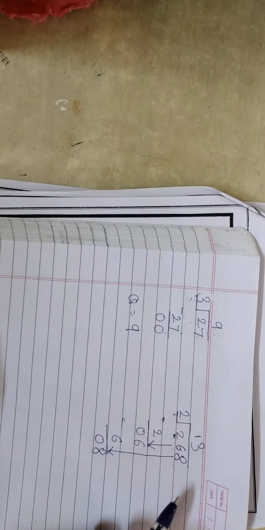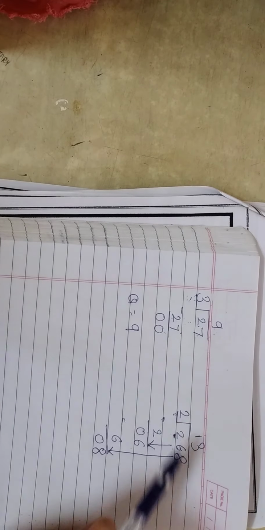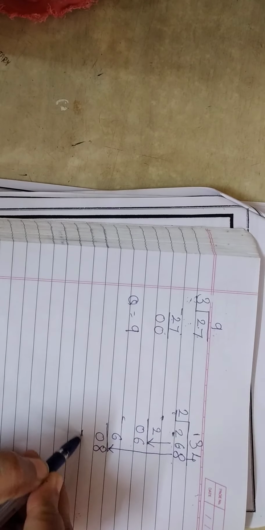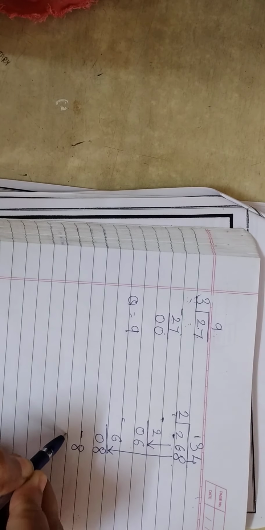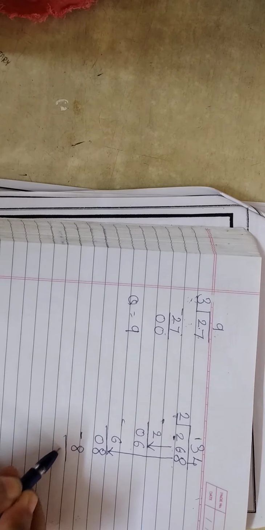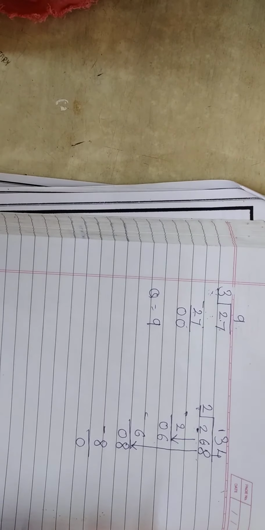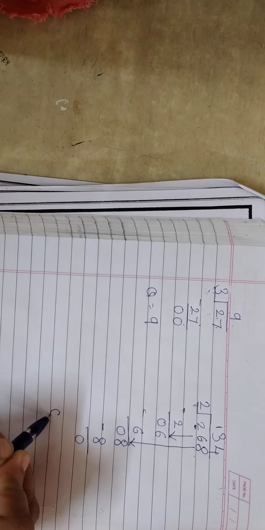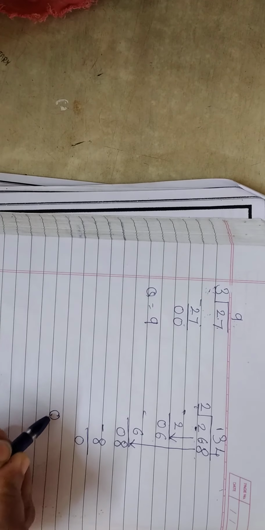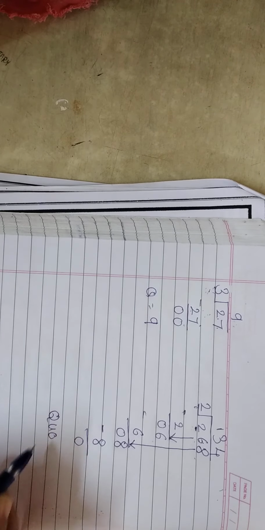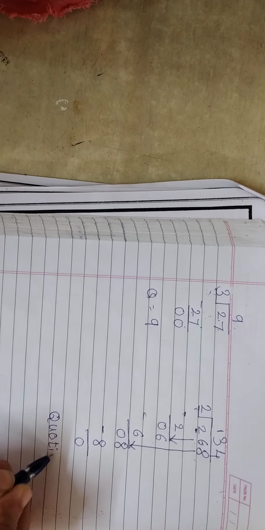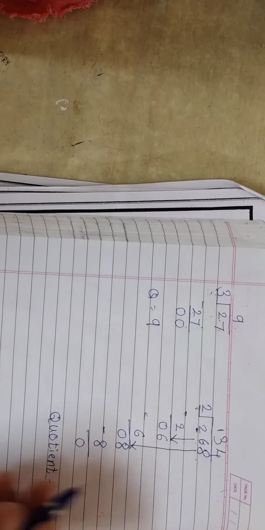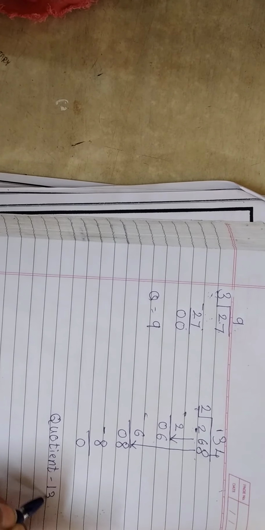Now see, 8 is there in table of 2. 2 4s are 8. Okay, 8 minus 8 is 0. Understood? Now you just write here quotient. Quotient means answer. Okay, 134 is our answer.